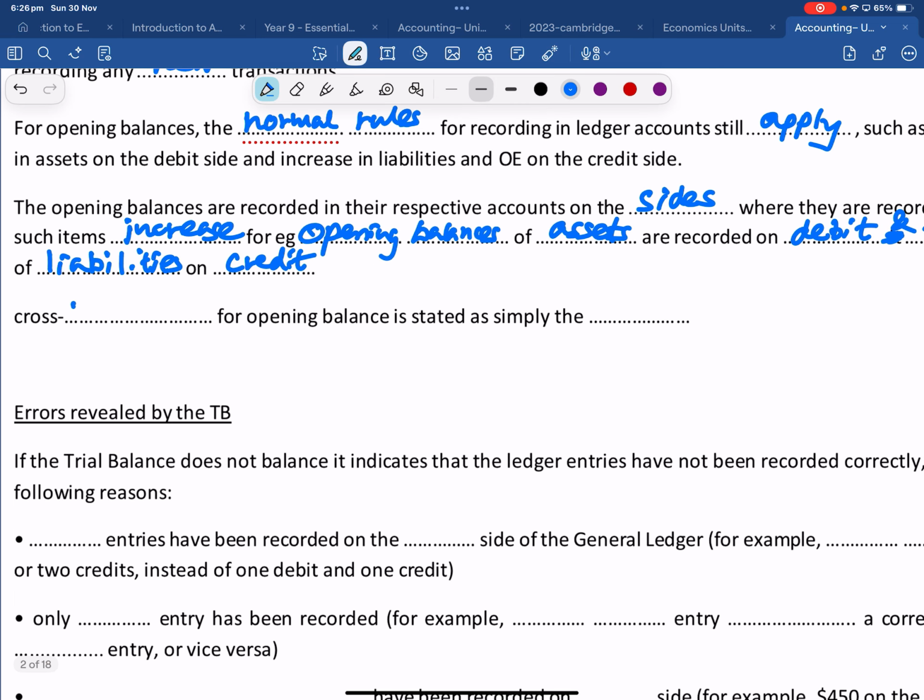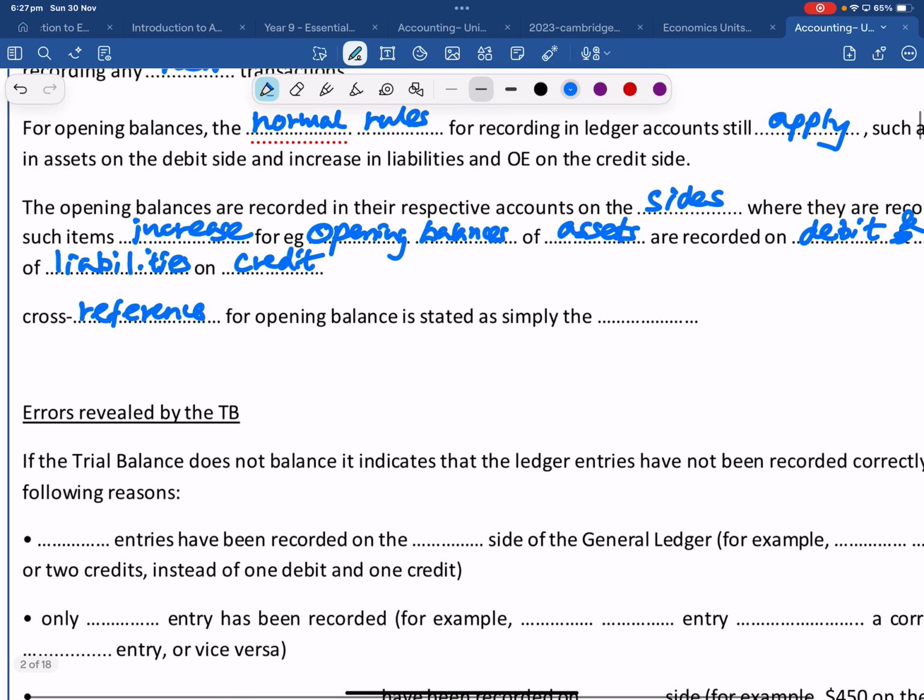The cross reference for opening balances is stated as simply the balance.